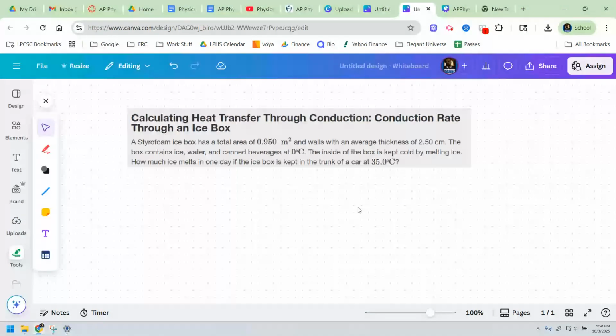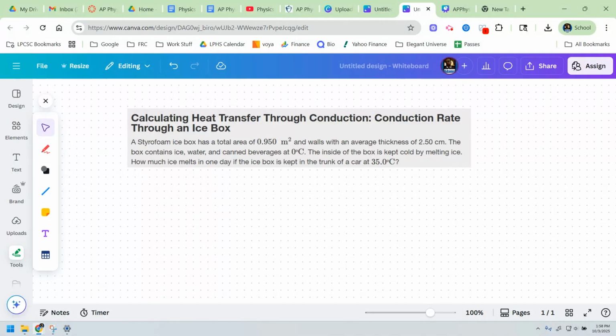All right, so this one says the styrofoam ice box has a total area of 0.95 square meters. That's the area of it. The walls have an average thickness of 2.5 centimeters, and the ice box contains water and ice and a canned beverage.